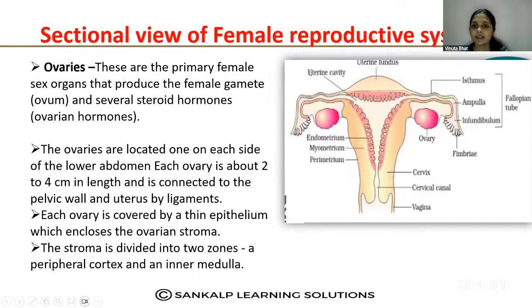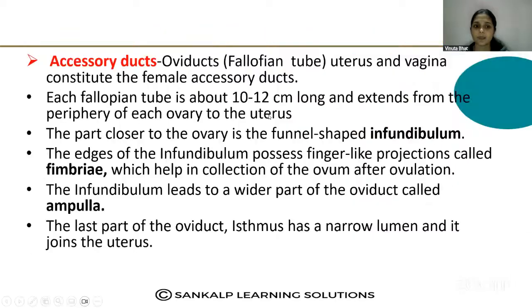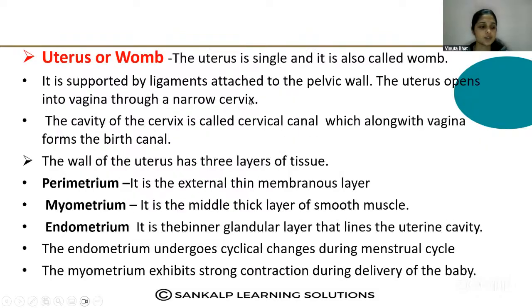You can find finger like projections in the infundibulum, called fimbriae, which collect the ovum released by the ovary. The last part of the oviduct, the isthmus, has a narrow lumen and joins the uterus.